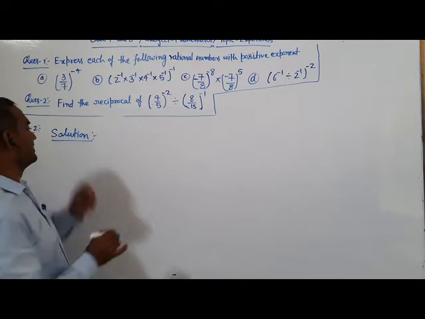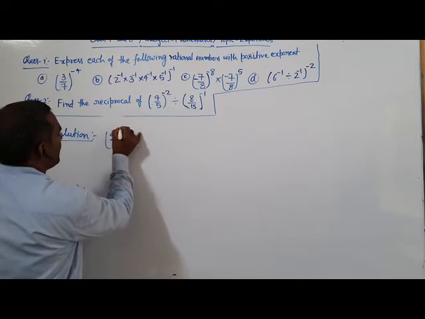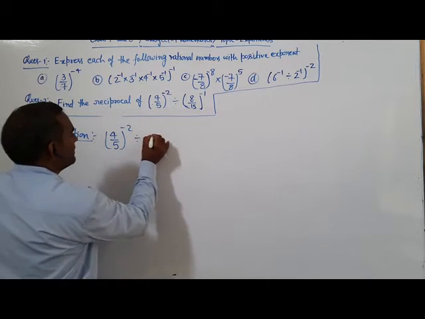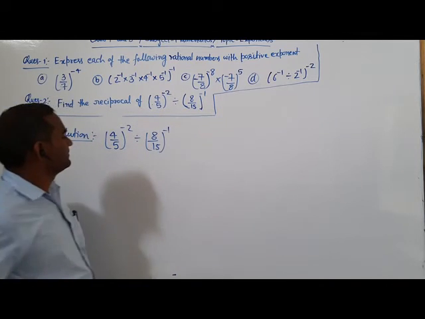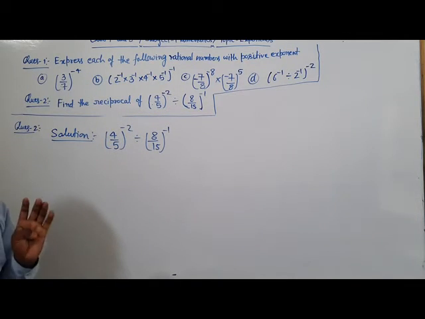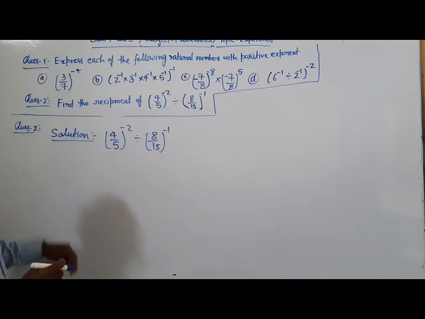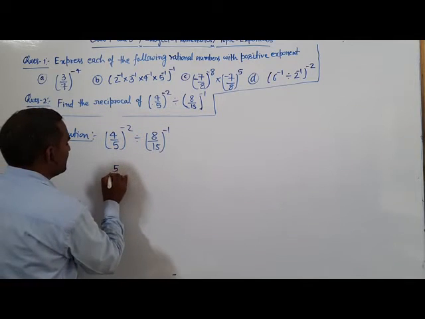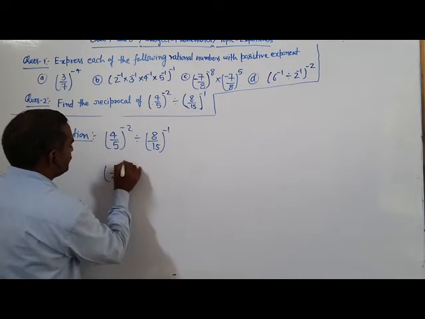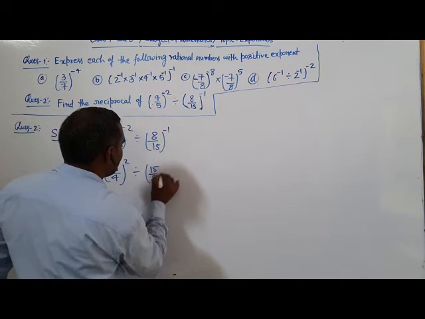First of all, we have to solve (4/5)^-2 divided by (8/15)^-1. Now, if the power is negative, then you have to convert denominator into numerator, numerator into denominator, and the sign of the power will change. Here (5/4)^2 divided by (15/8)^1.